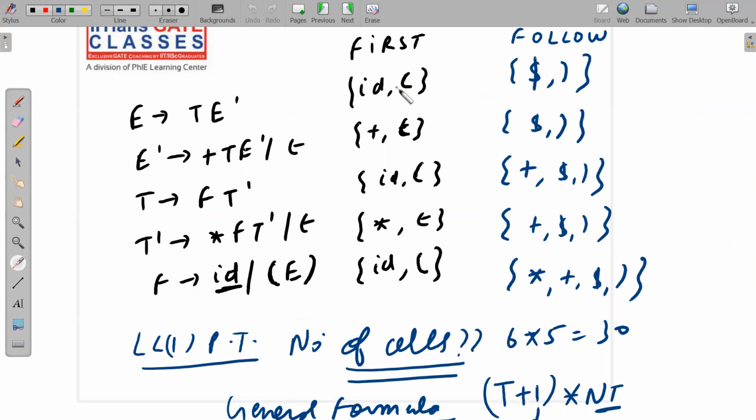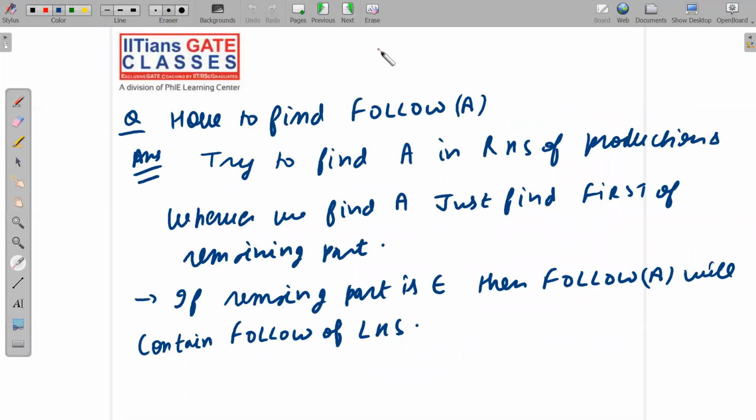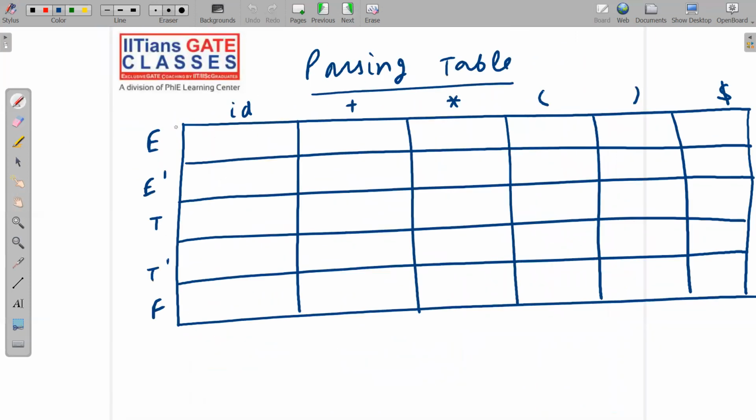So I will directly write in the table, corresponding to ID and opening bracket, this production rule: E implies TE dash.